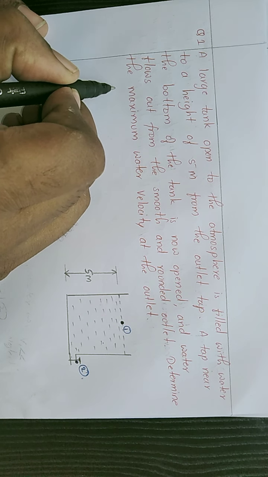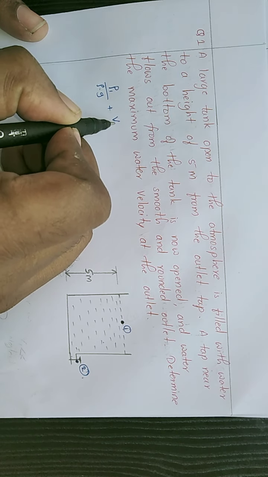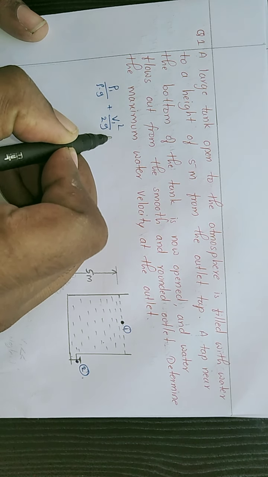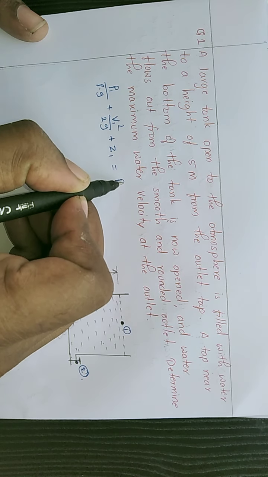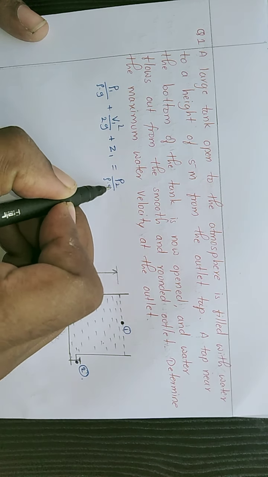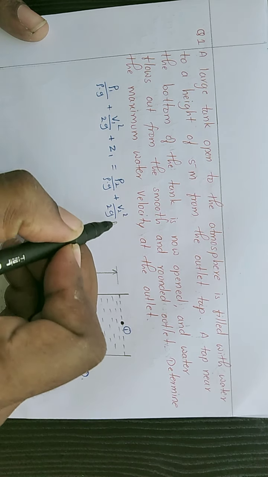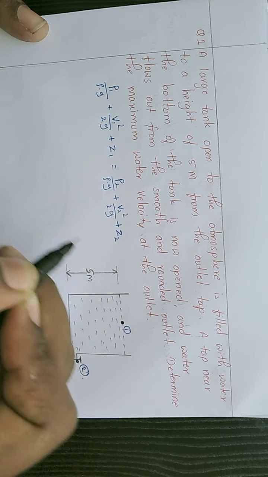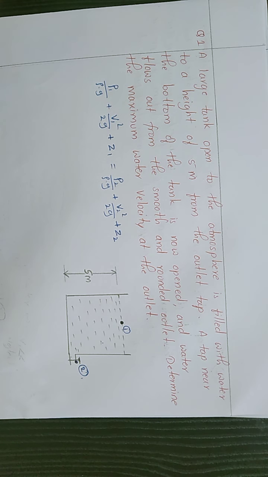It is P1 by rho g plus V1 square by 2g plus Z1 is equal to P2 by rho g plus V2 square by 2g plus Z2. Now we need to identify the terms.